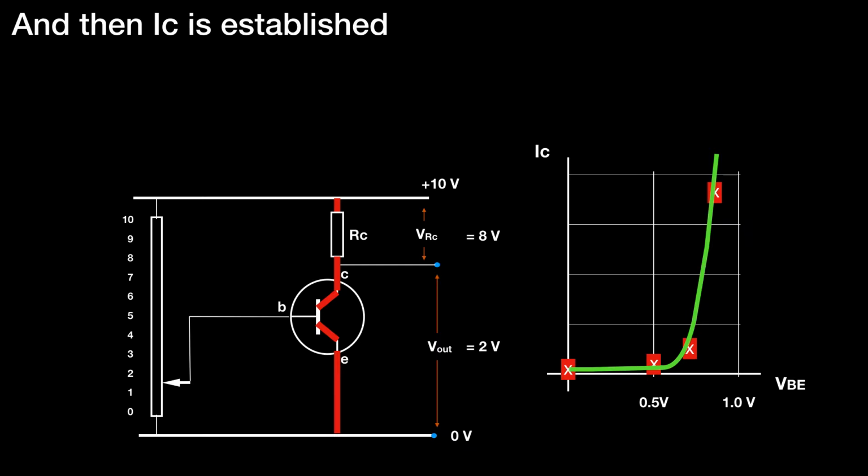So that's a picture we should be fairly familiar with: an NPN transistor in common emitter mode with a biasing circuit, and a graph showing increases in VBE driving increases in IC, with a knee in that curve at about 0.6 or 0.7 of a volt for a silicon transistor.